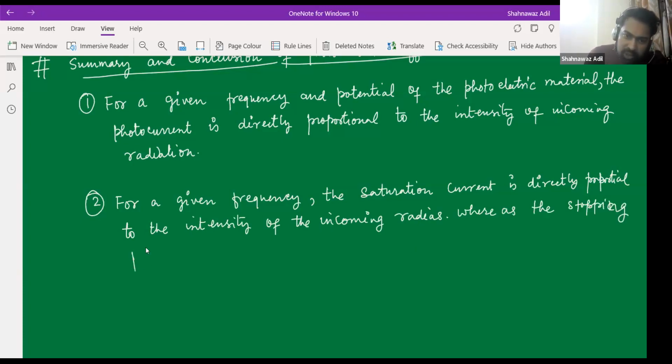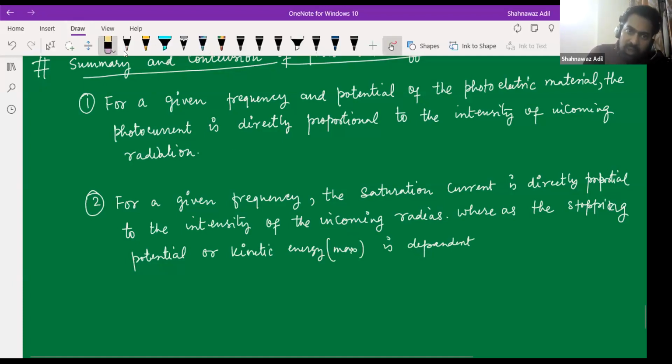So stopping potential or maximum kinetic energy is dependent or independent.